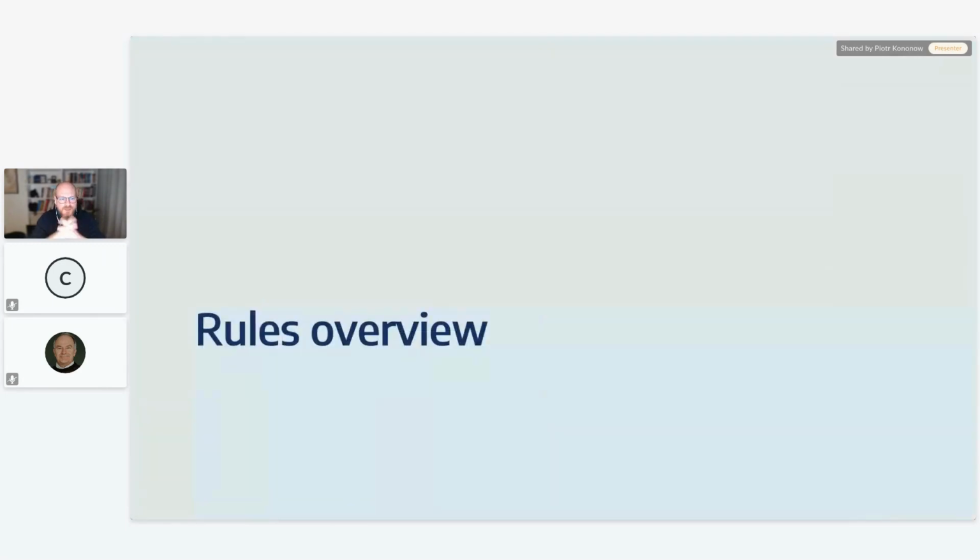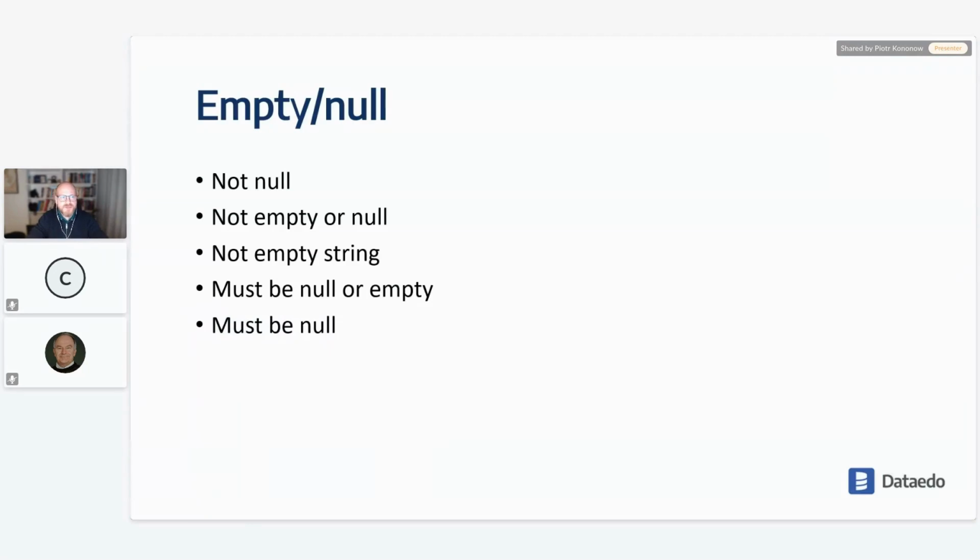All right. Now I will walk you through our catalog of predefined rules, the ones that you can use right now. This is something we'll be extending with every single release. So the first category is testing for null or empty values. You can say that the column should not be null, or should not be empty or null.